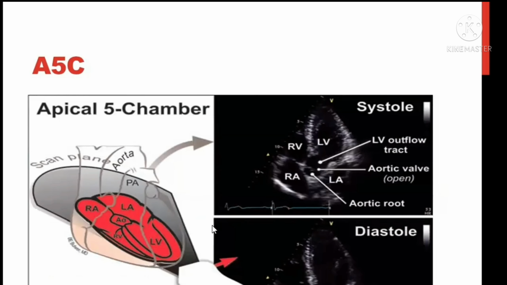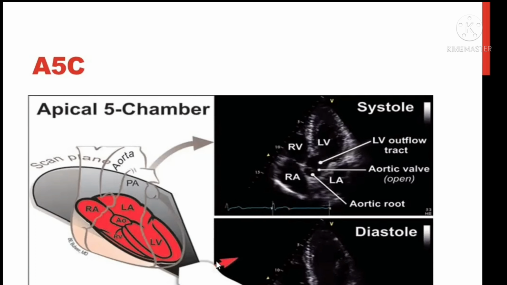Sometimes you can do apical 5 chamber from the apical 4 chamber. You just rotate your probe direction a little bit to look for the aortic valve. You rotate it a little bit anticlockwise, you are at 3 o'clock, right? You just move a little bit around and fan.